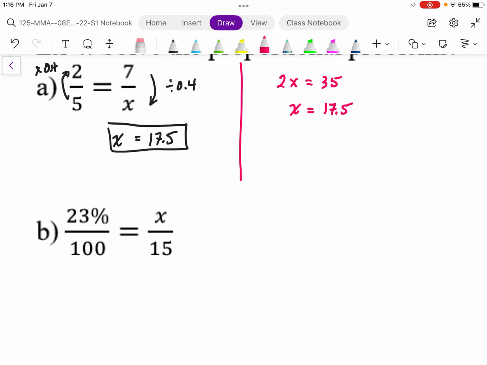Now here I can use, again, I'm going to use my multiplier. I've got times by 0.23. That multiplies my unit rate, and I can then just use that unit rate and times by 0.23, and that gives me my x as well. Okay, so I end up with 0.15 times 0.23, and that gives me 3.45.